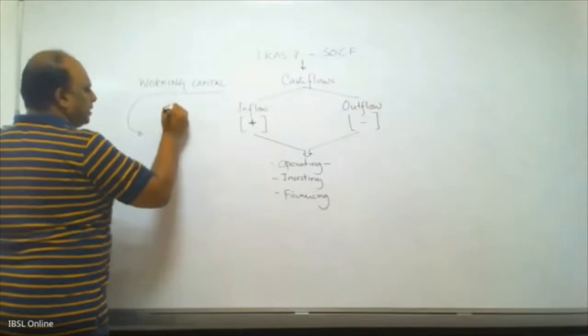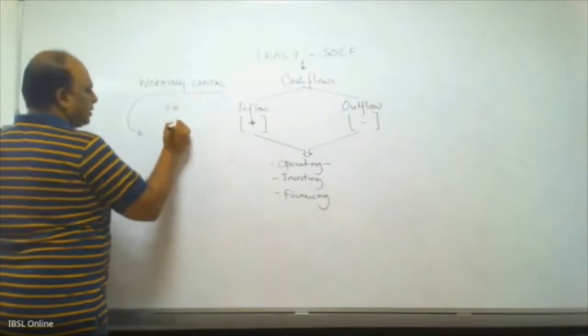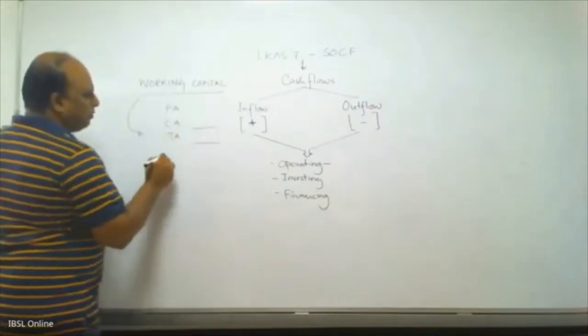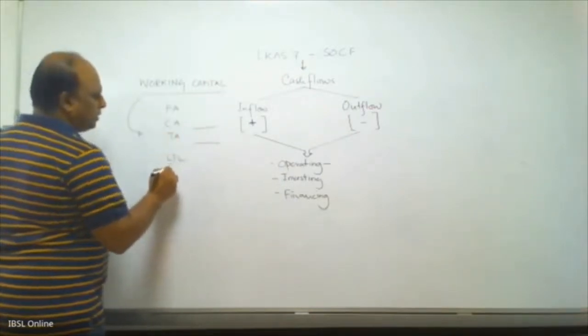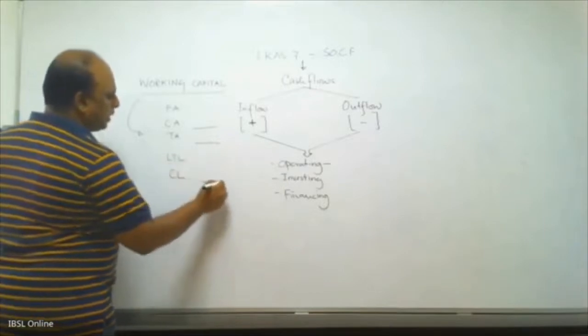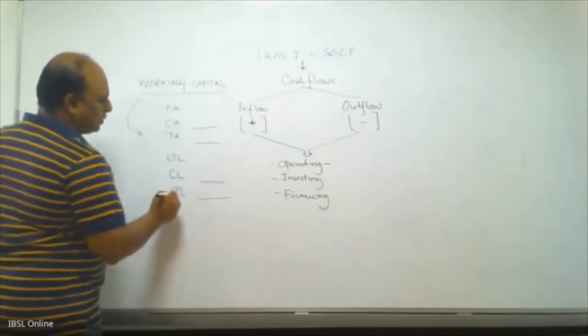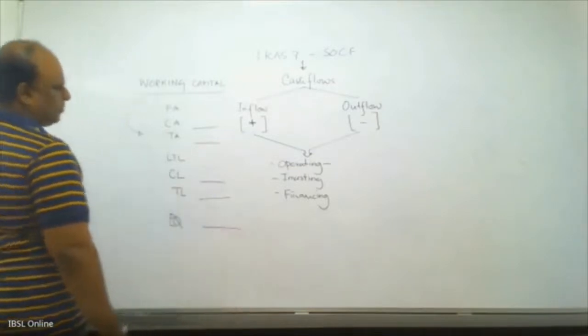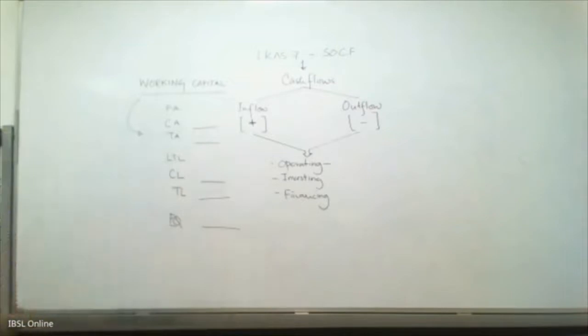You have the fixed assets and the current assets. So that will give you the total assets. Then you have long-term liabilities, current liabilities, that will give you the total liabilities. And then you have the equity, right? So this is your balance sheet. Am I correct? Or have you all forgotten everything? Is that correct?